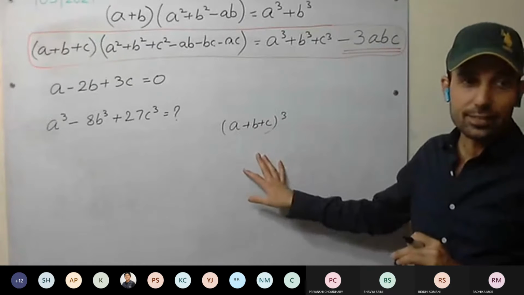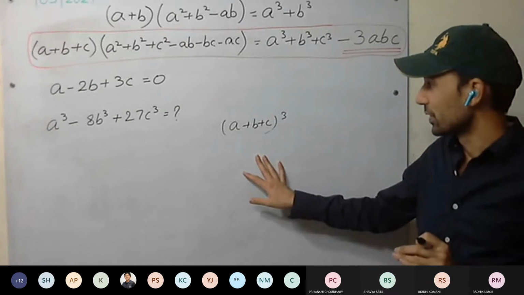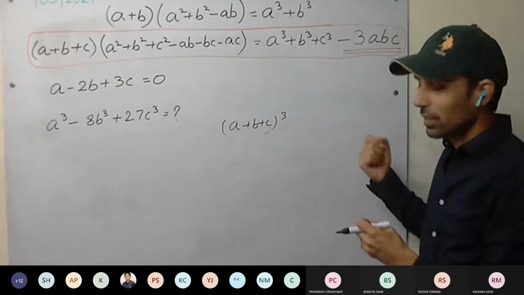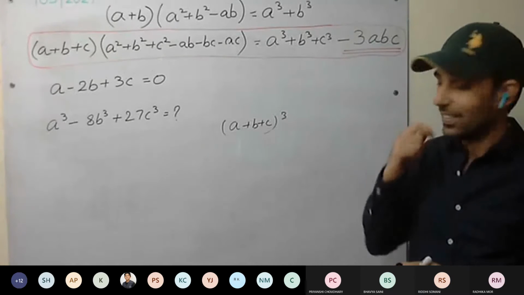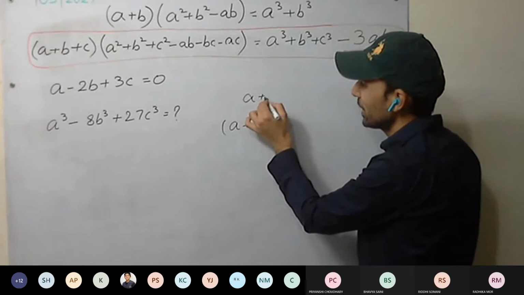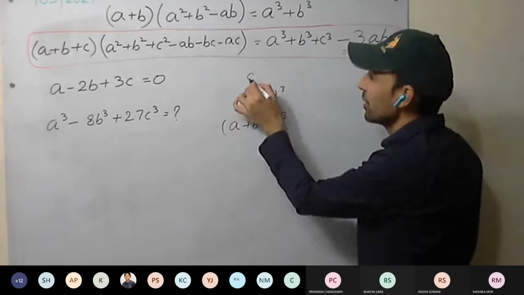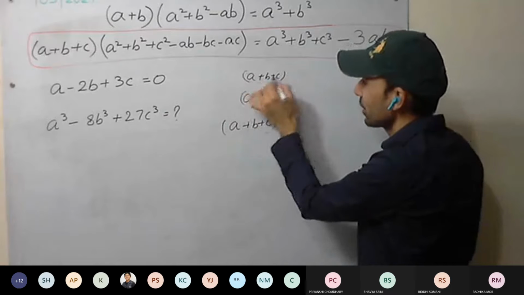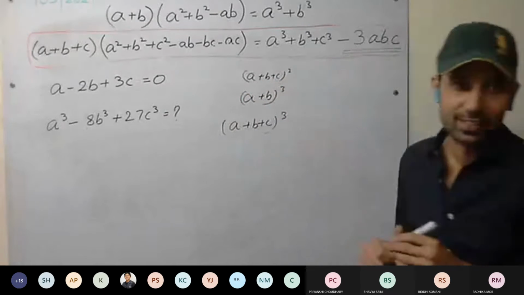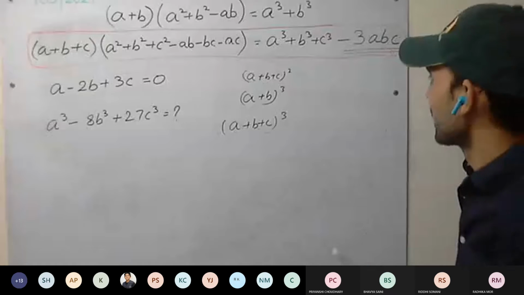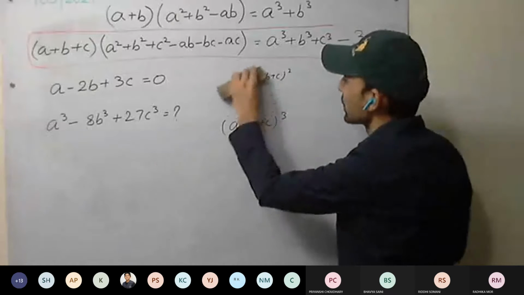Yes or no? Really? We have studied a plus b the whole cube, and a plus b plus c the whole square, I think. Cube will be very huge.